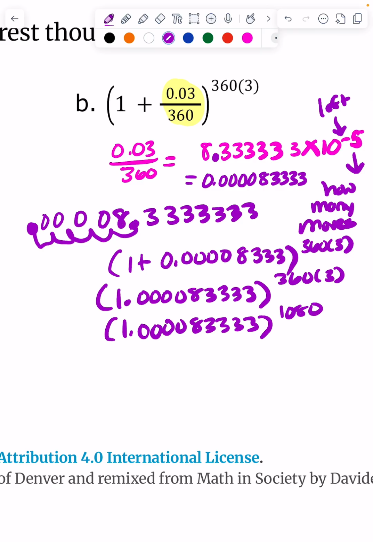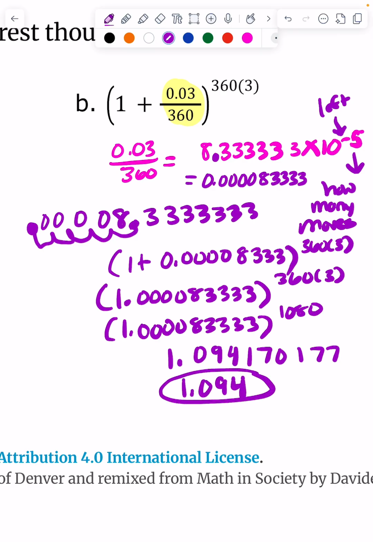And then if I put 1.000083333 raised to the 1080, it comes out as 1.094170177. So if we rounded to 3 decimal places, that would be 1.094.